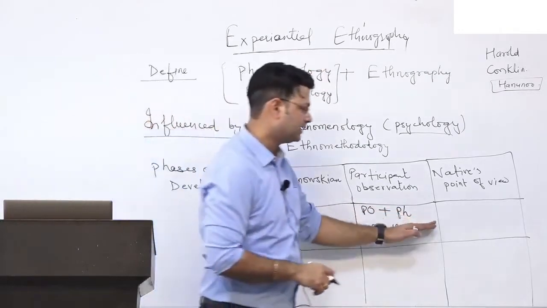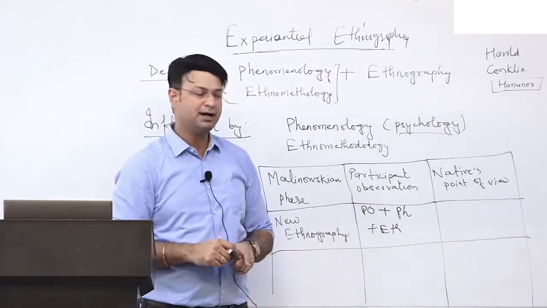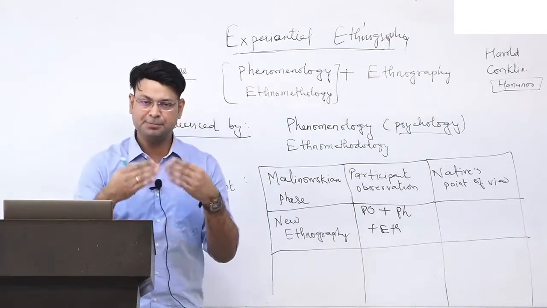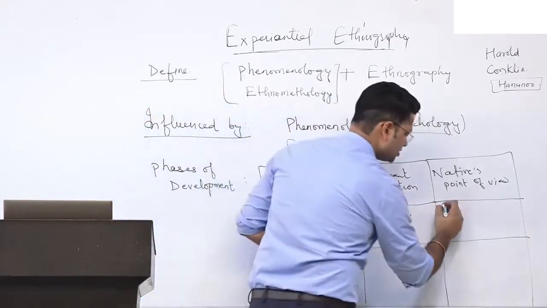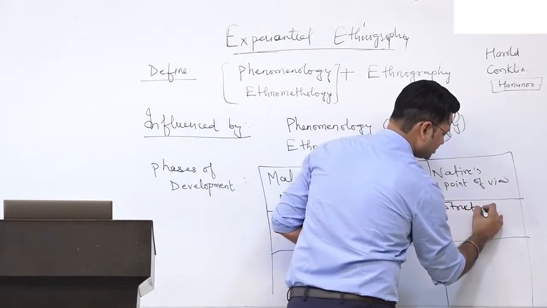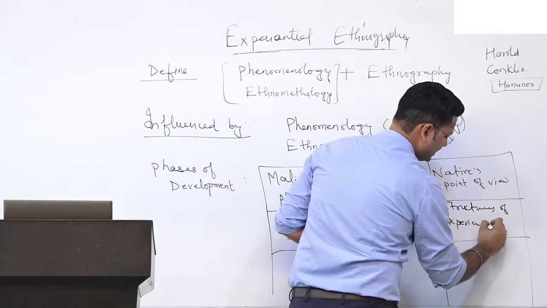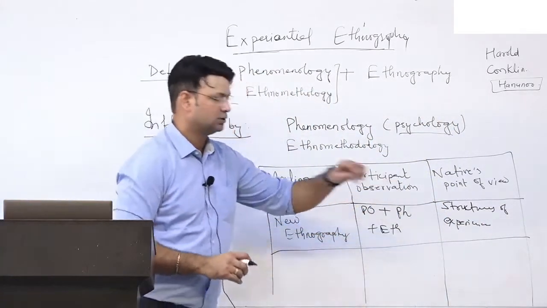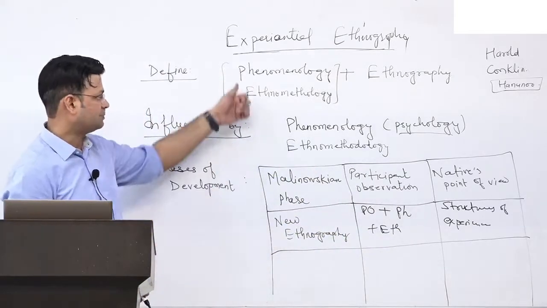Here we don't just try to understand the people's viewpoint, but we look at the people's logic, their way of looking at things, their experience. We try to understand the structures of experience of the people, and this is truly the field of experiential ethnography.